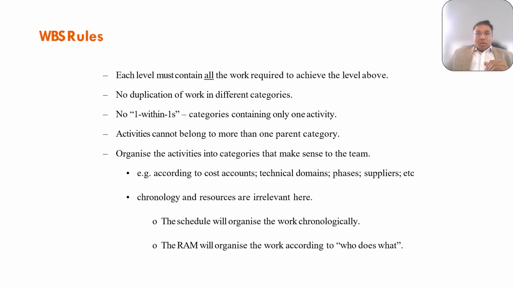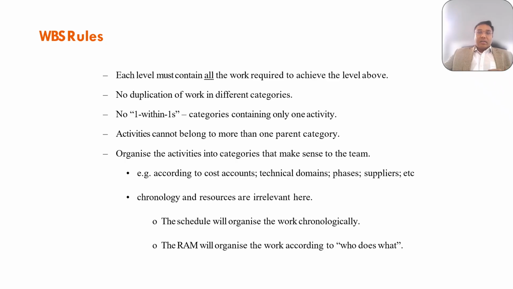There are several important rules when you're developing a WBS. Each level must include 100% of the work required for the level above. You should research as much information as possible about the activities and tasks to complete the work packages. This can be done by various methods like looking into past projects, asking contractors or subcontractors what are the activities involved, and this is also able to avoid duplication of work across different categories.